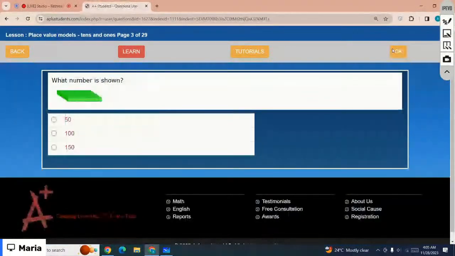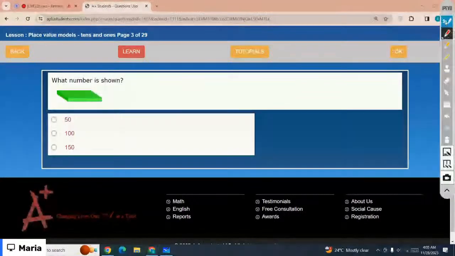What number is shown? Which is the correct option? This is the model that represents 10 lines like this and 10 lines like this, and one complete model represents 100.